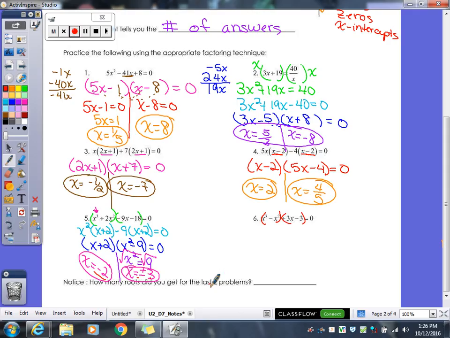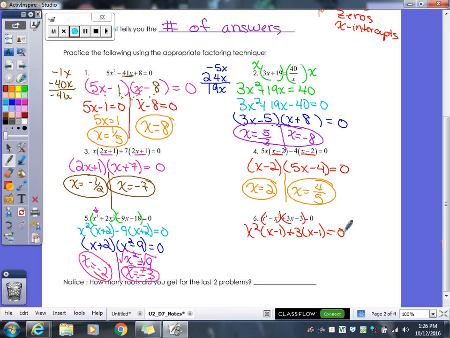Again, 4 terms there, so I'm going to do factor by grouping. Group my first 2, group my last 2. What's our GCF for the first 2? X squared. And then I have x minus 1. What's our GCF for the last 2? 3. And then we have x minus 1.